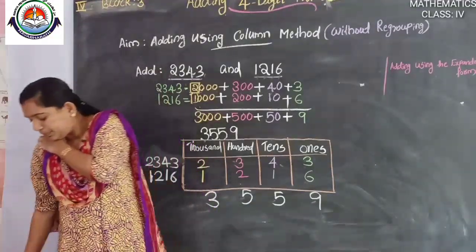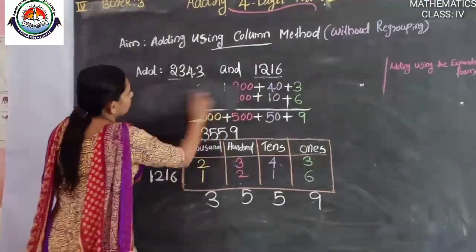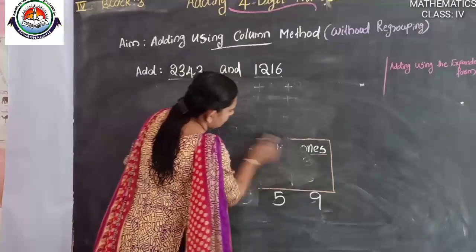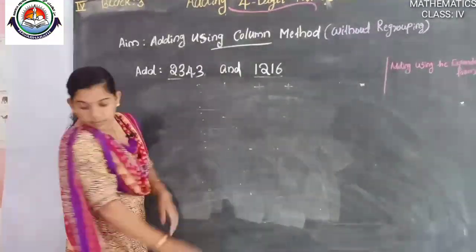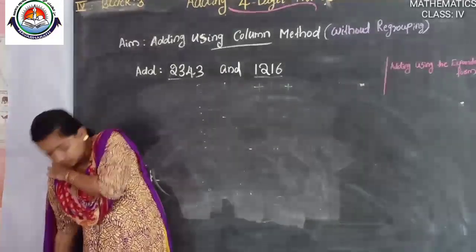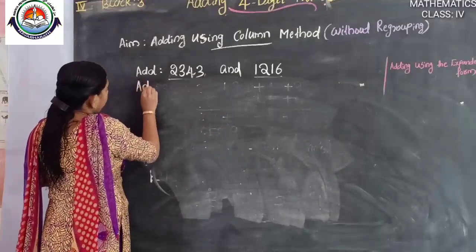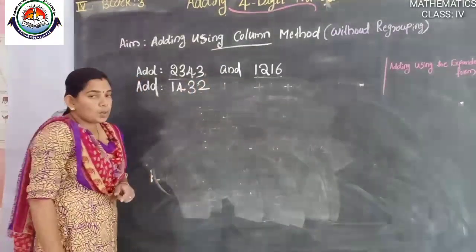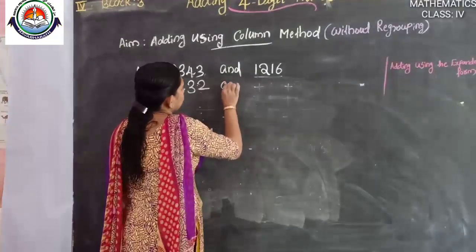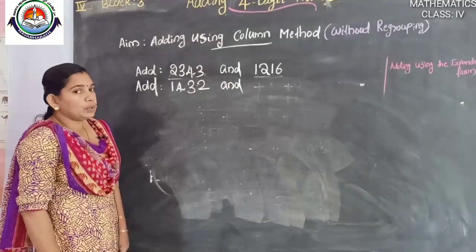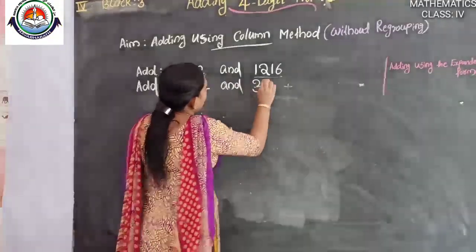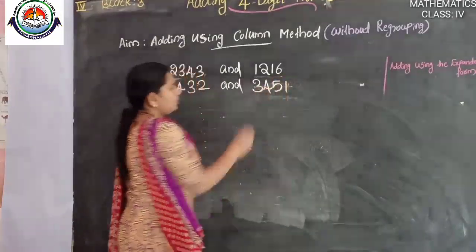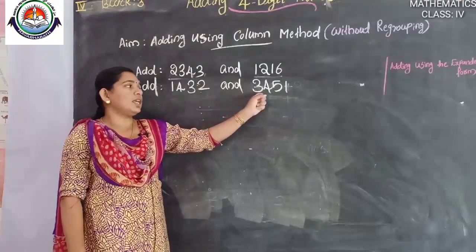Then we will do another problem. Add 1432 and 3451.